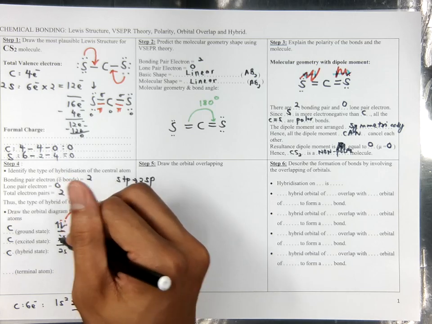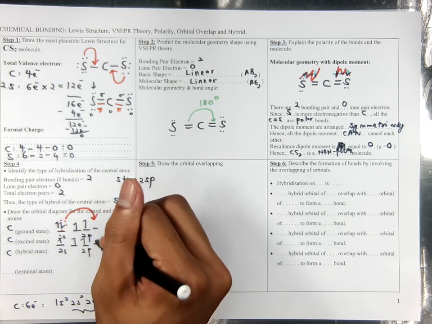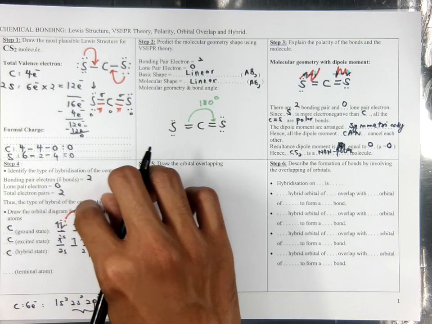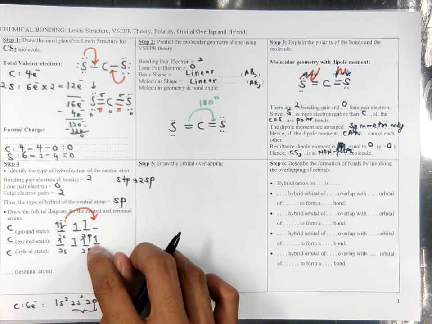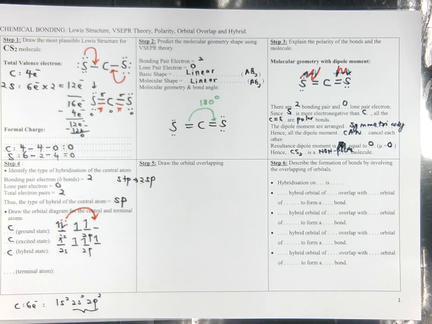So that it's going to be like this, like this, like this, and like this. We turn the arrow because we need to follow Hund's rule. It needs to be filled singly first before it is being paired.